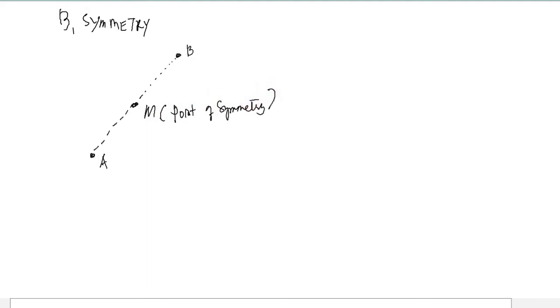Okay? So, what if sinabi naman na itong point A at point B is symmetrical with respect to a certain line, no? So, ito na yung line na tinutukoy niya.